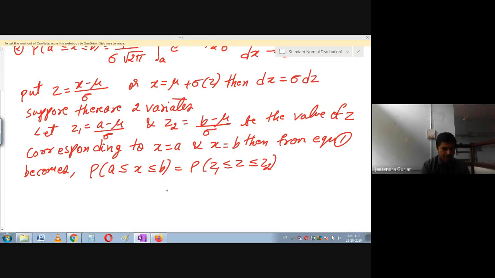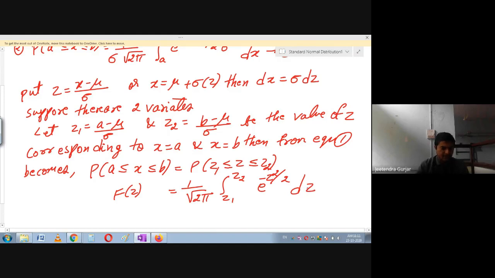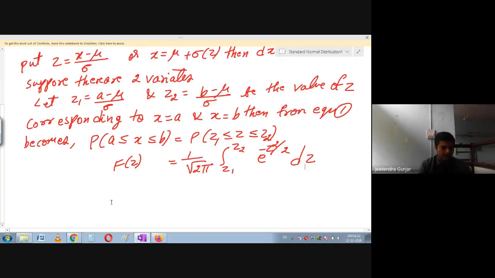This will be helpful to simplify the examples. So the function of z becomes 1 divided by square root 2 pi, integration from z1 to z2, e raised to minus z square divided by 2, dz. Please remember this very simple simplification we have done.